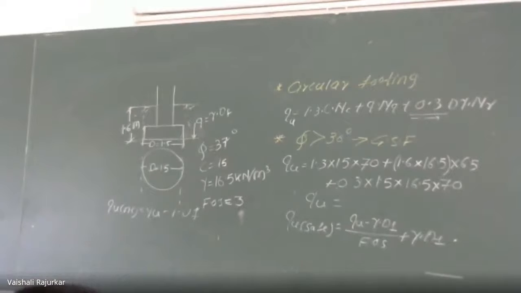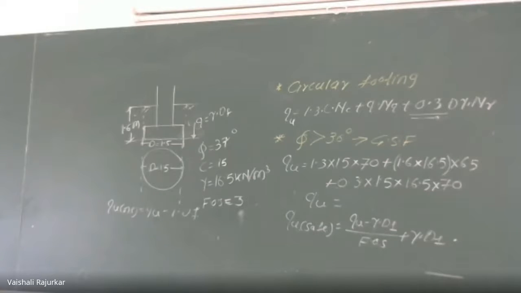A strip footing is 2 meter wide and placed at a depth of 2 meter below ground level.